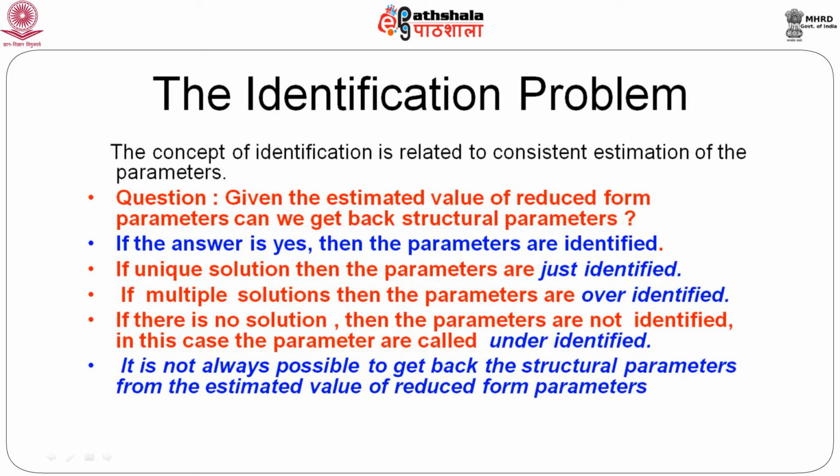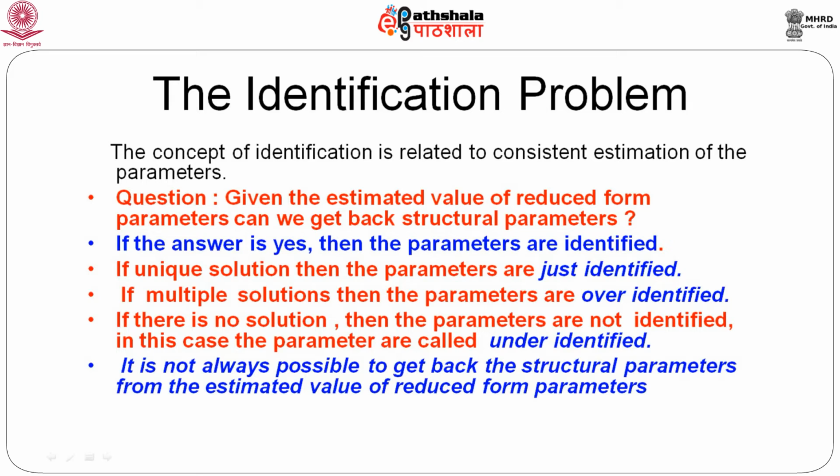The concept of identification is related to the consistent estimate of the structural parameters. So, let me ask the following question. Given the estimated values of the reduced form parameters, can we get back the structural form parameters?